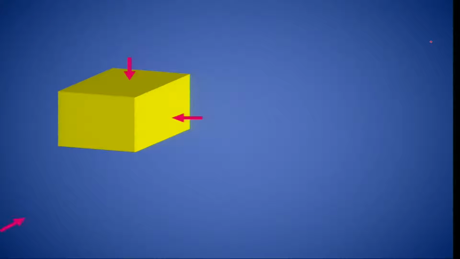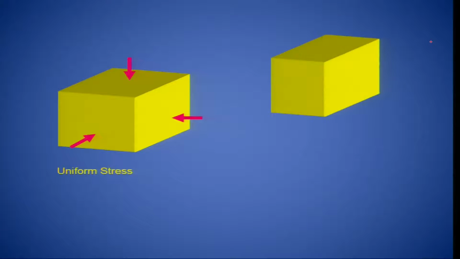If you take the deformation in total, one usually sees uniform stresses at the greater depth within the earth's interior, whereas close to the surface, in the shallow crust, we have directional stress.